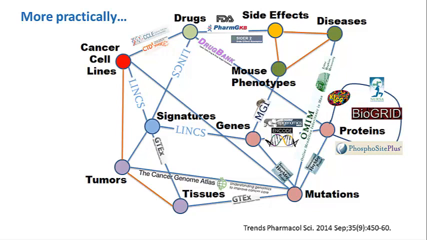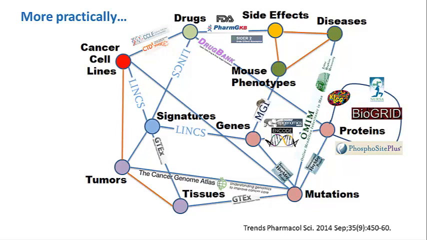So you can create a correlation matrix between, let's say, hundreds of cell lines and thousands of tumors. You can have a bipartite graph for that, and then you can treat those cell lines with drugs and see which drugs inhibit the cell lines' viability.